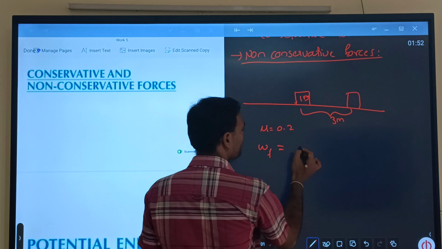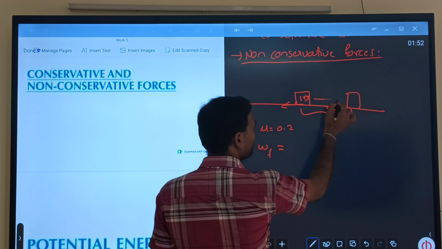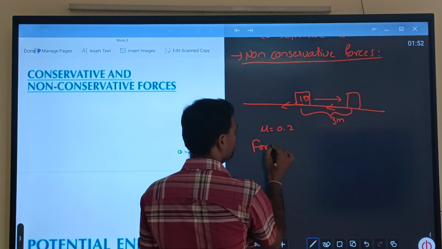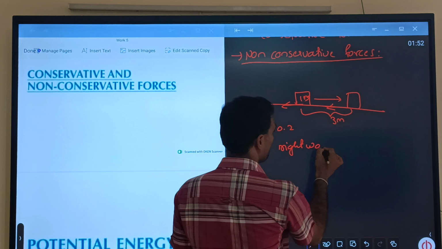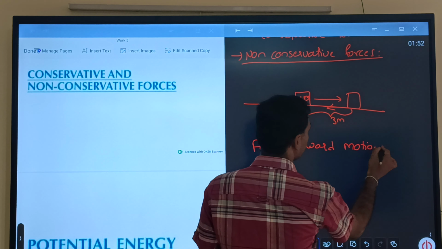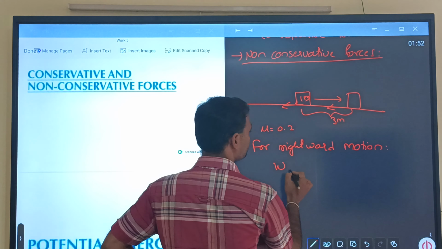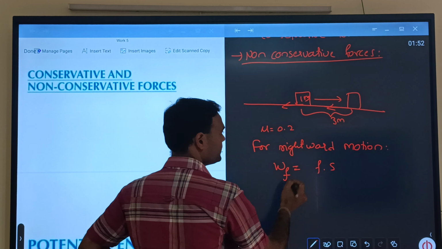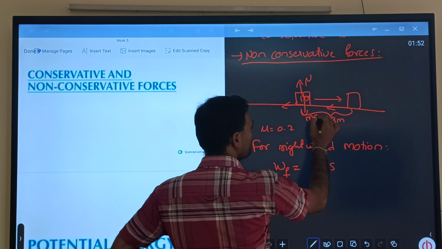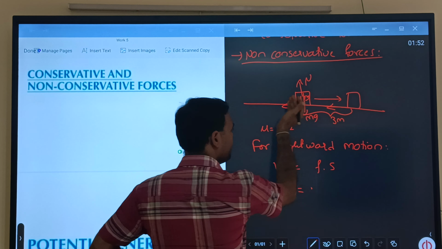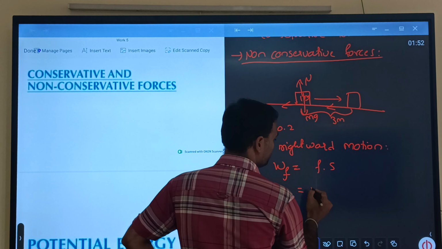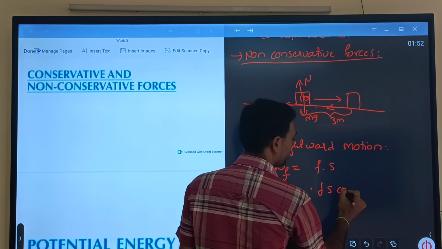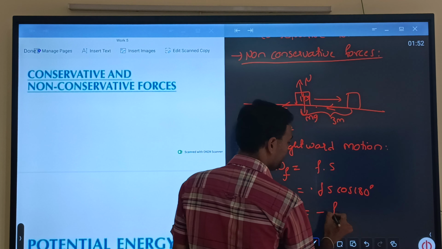For rightward motion, friction will act in the backward direction while the displacement of the object is in the rightward direction. Work done by friction is equal to frictional force into displacement, where N is mg. Friction and displacement are opposite to each other, so we can write Fs cos 180 degrees, which is equal to minus Fs.